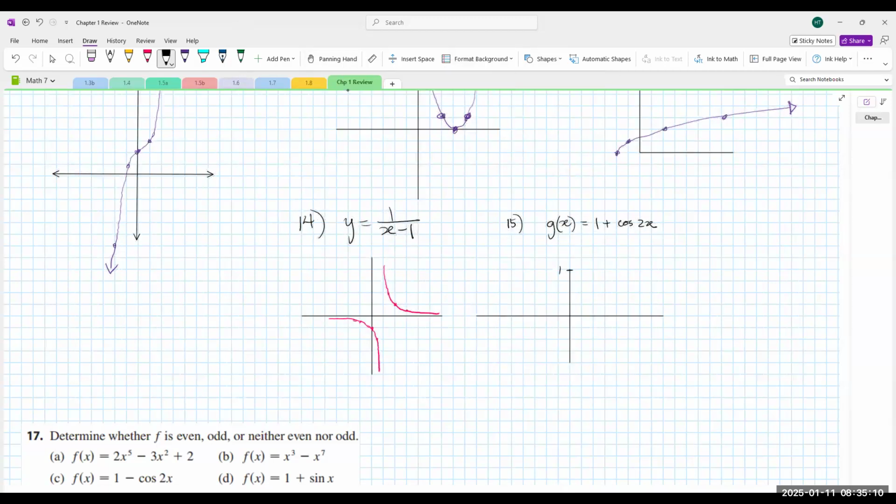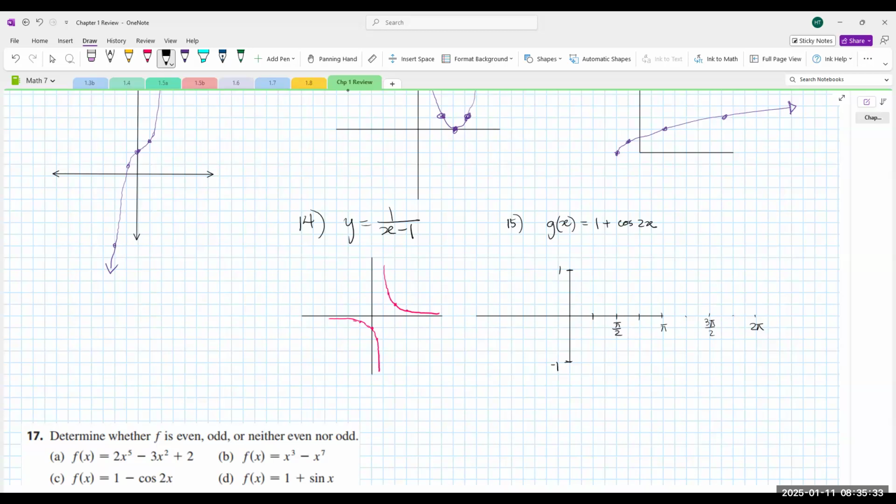Let's say this is 1 unit here, this is negative 1, and this is pi over 2, this is pi, and then this is 3 pi over 2, and this is 2 pi.